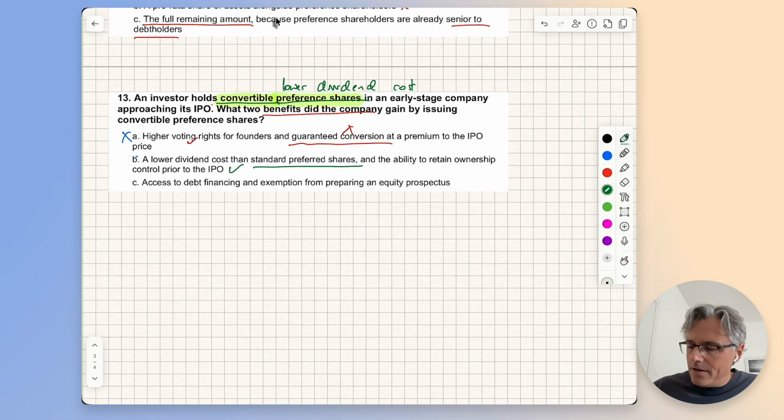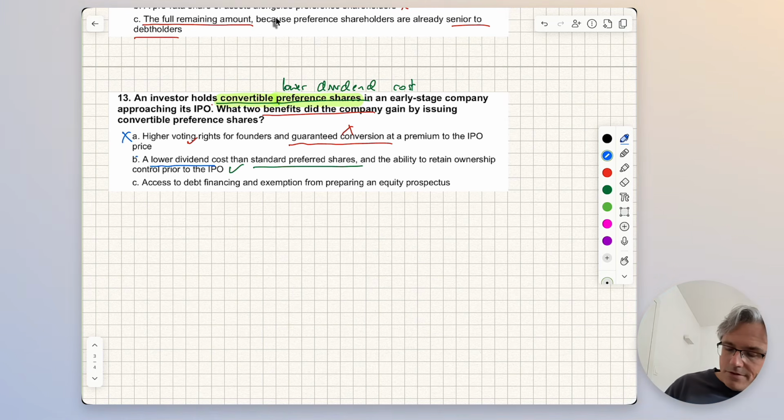And you can convince these investors to take up these shares and probably accept a lower dividend. So, a preference share without the convertibility option would typically have a higher fixed dividend associated with it. One that has the convertibility option may be sold with a lower expected fixed dividend. And so this is absolutely true.